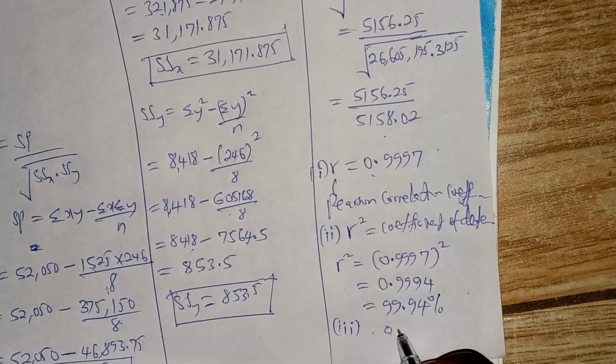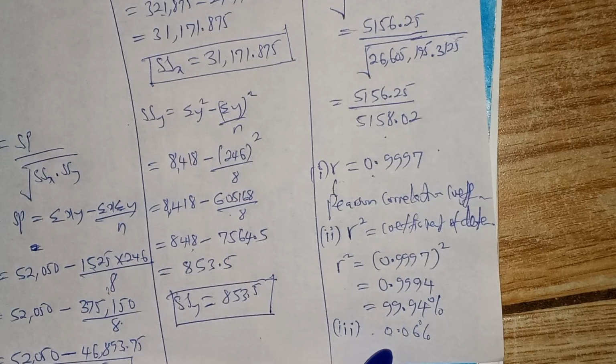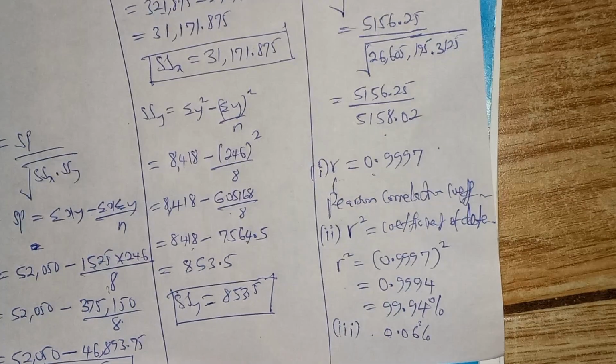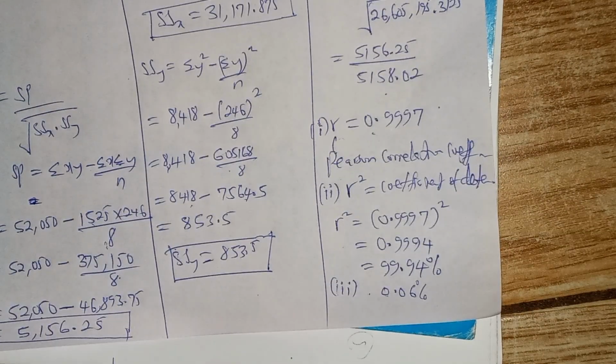Only 0.06%, only this infinitesimal quantum of percent, is attributable to other factors like labor, irrigation, seed variety, and other factors that may come into play.